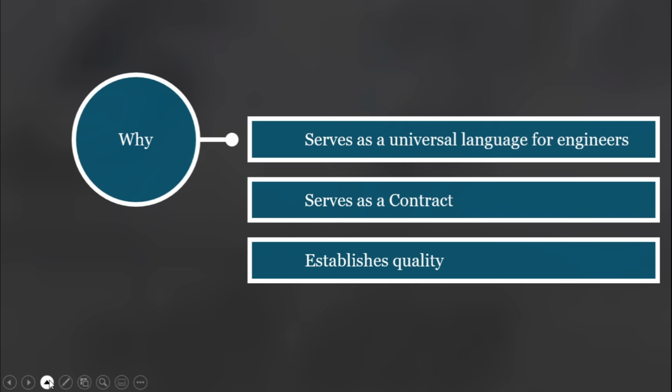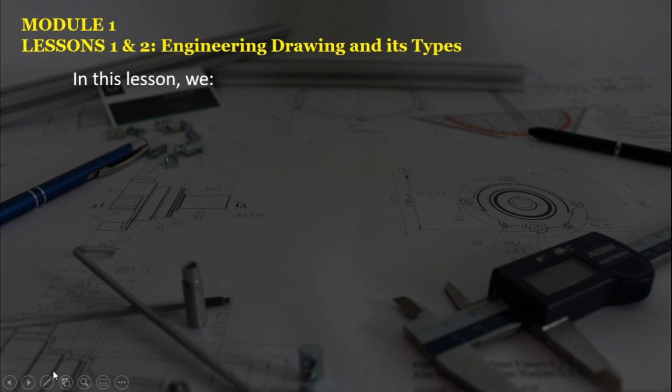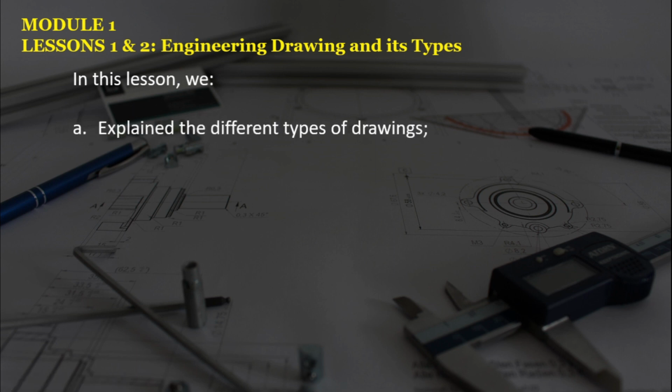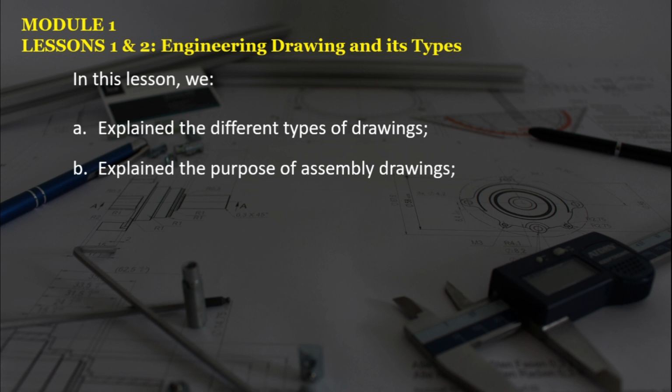To recap, in this lesson, we explained the different types of drawings, which are assembly drawings, component drawings, and pictorial drawings. We also explained the purpose of assembly drawings, which is to be able to assemble or put together the parts, as it indicates the location and identifies each part that is included in the assembly.